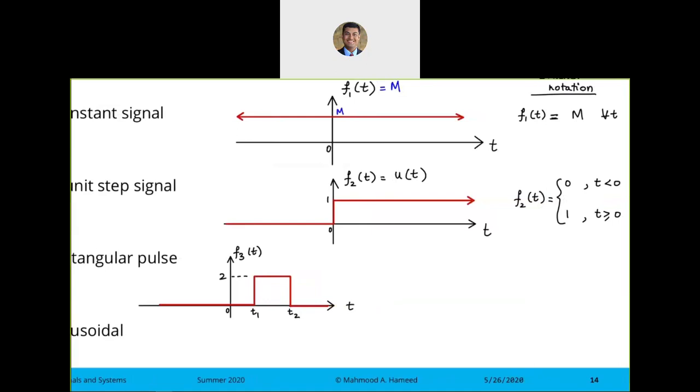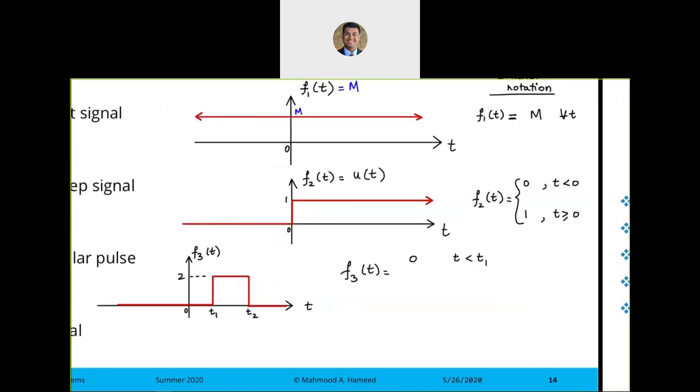I can say f3 of t equals 0 when t is less than t1 and t is greater than t2. You can combine those as well. And it is 2 between t1 and t2.